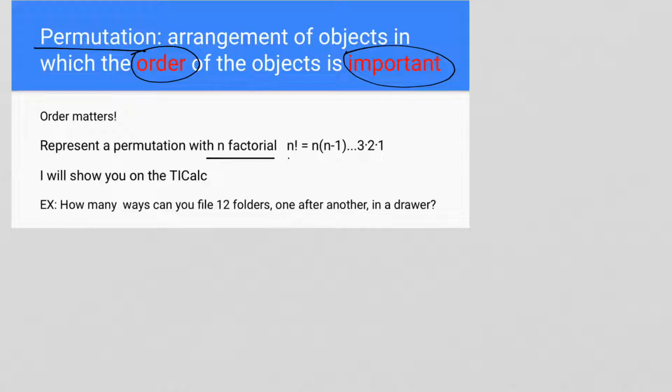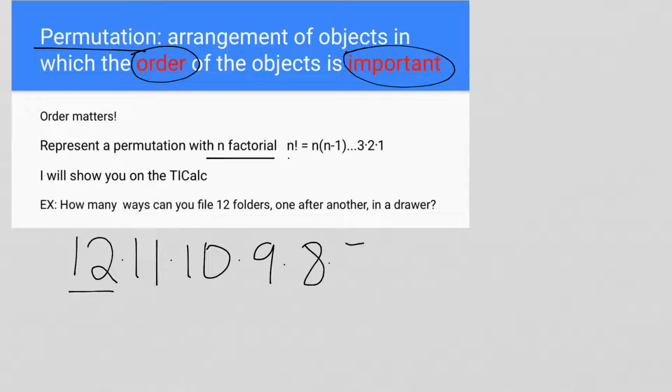So, first example here says, how many ways can you file 12 folders, one after another, in a drawer? All right, so we know we have a total of 12 folders, one after the other in a drawer. So if you think about it, order is important because for the first possible spot, there are only 12 possibilities, then 11, then 10, then 9, and it keeps going down because I already used the previous one from before.